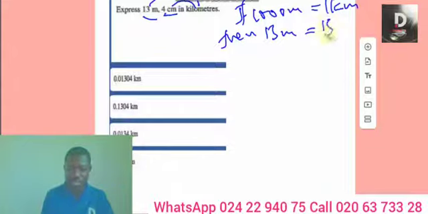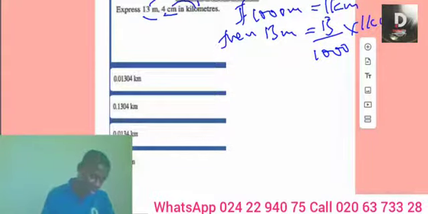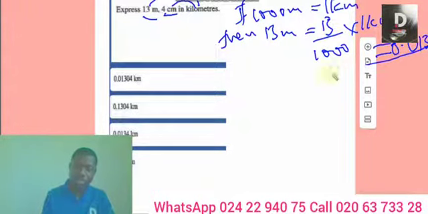So if less, more divide, times 1 kilometer. What is the answer? 13 divided by 1,000 will give me, so I had what? 0.013 kilometers. That's my answer.